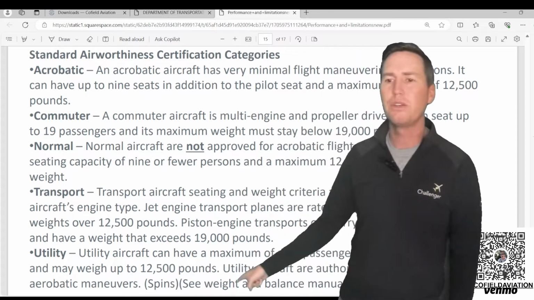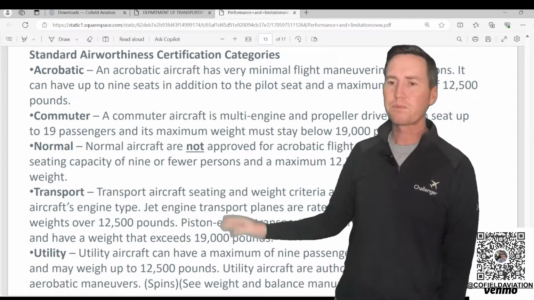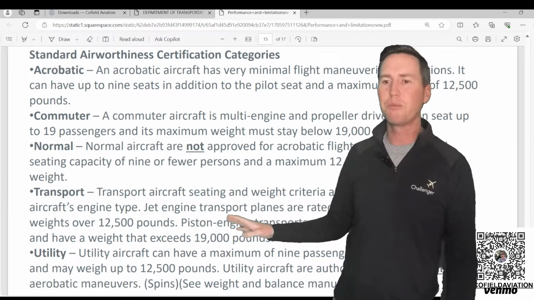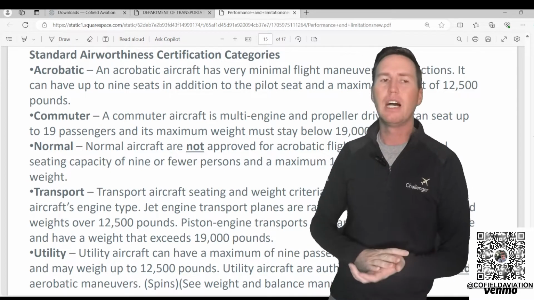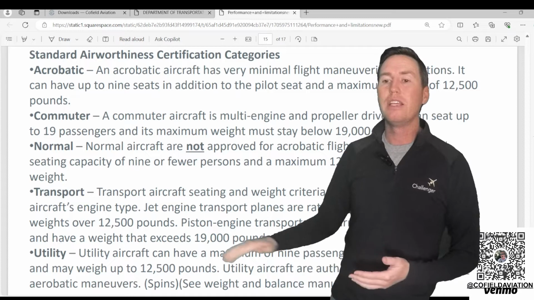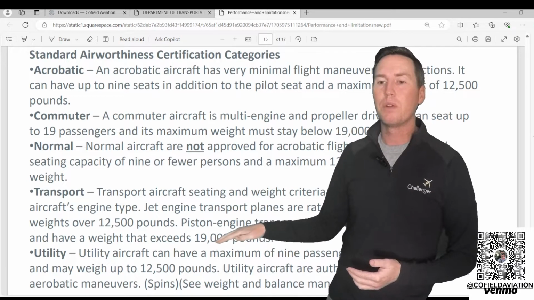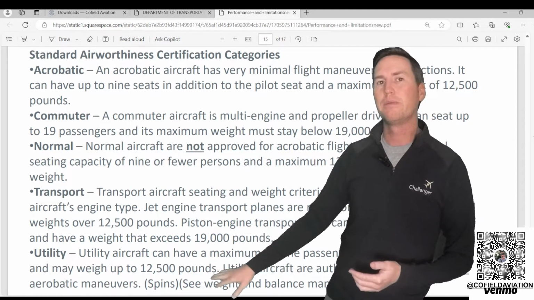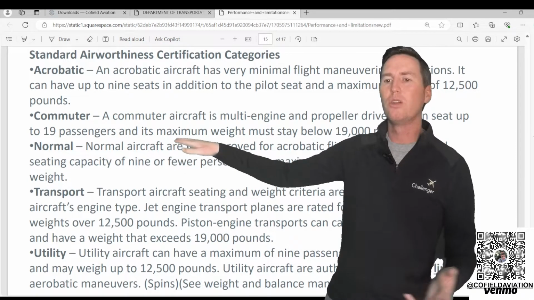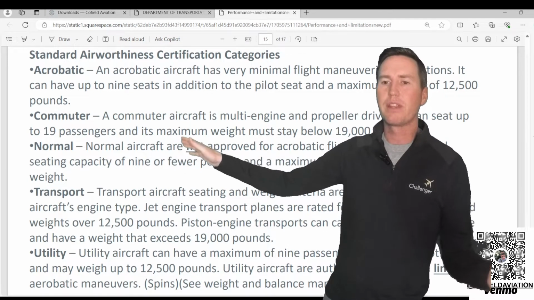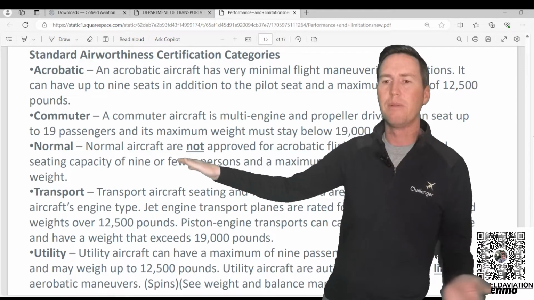So basically, you can do spins. You've got to do spins for your CFI initial certificate. If you wanted to do spins, the center of gravity would have to fall in the utility category envelope. We cannot do spins in normal. So basically, normal is you can do everything but spins.